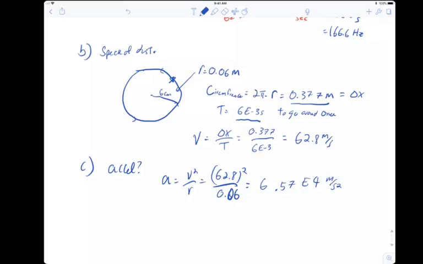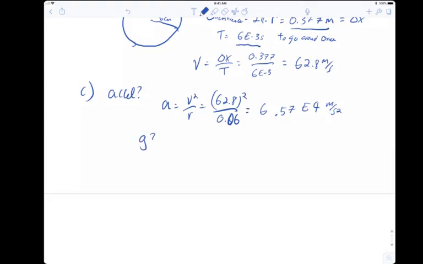The question is asking it in terms of G. You might have heard of G forces. G forces get used to describe, like, if you're testing an airplane or if you're an astronaut or something. The question is like, how many G's can you pull? A G-force is a multiple of the gravitational acceleration.